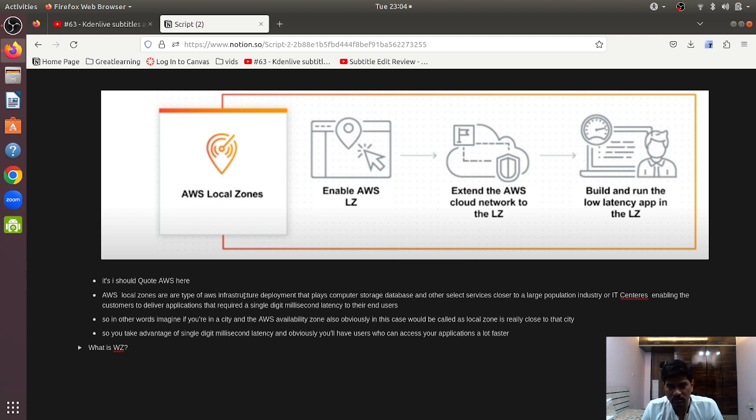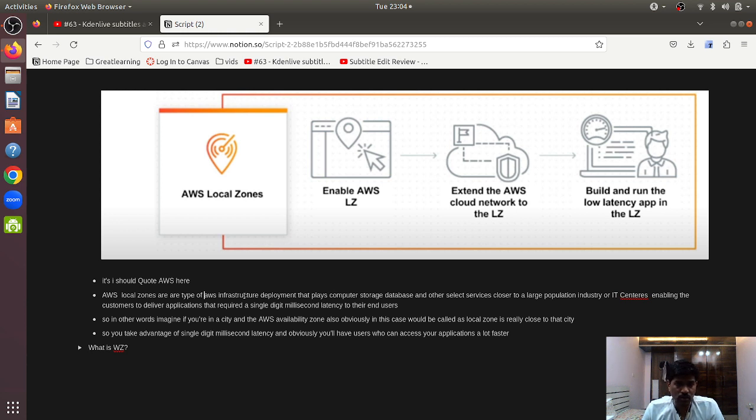So basically, in an area like Pune in India, there are a lot of large companies, where a lot of IT centers are there. They have Local Zones, which are infrastructure deployments that place compute and other services closer to a large population, enabling customers to deliver applications that require single-digit millisecond latency to their end users.